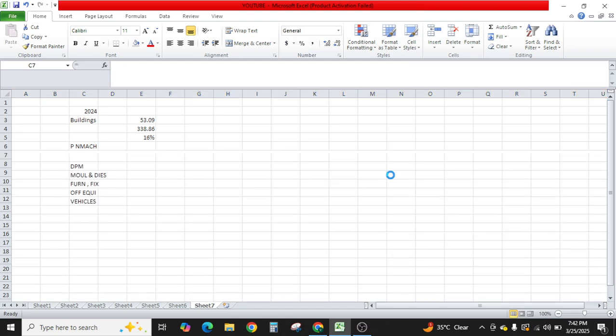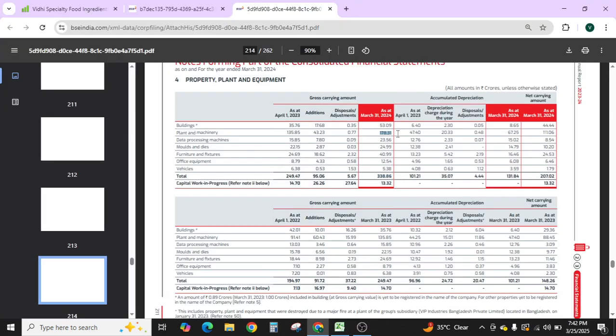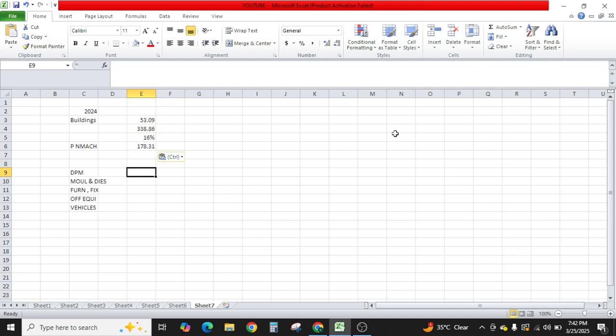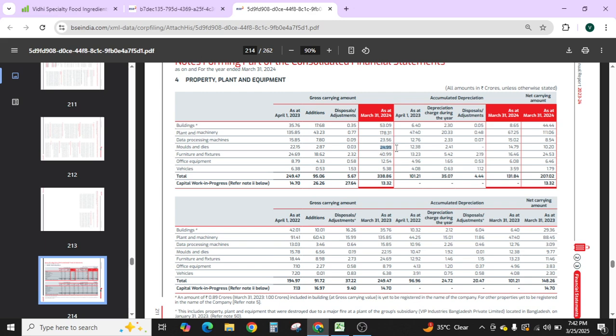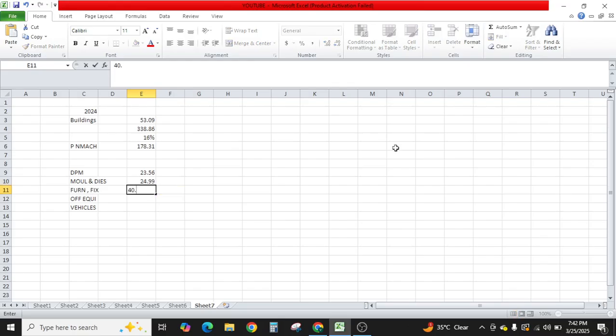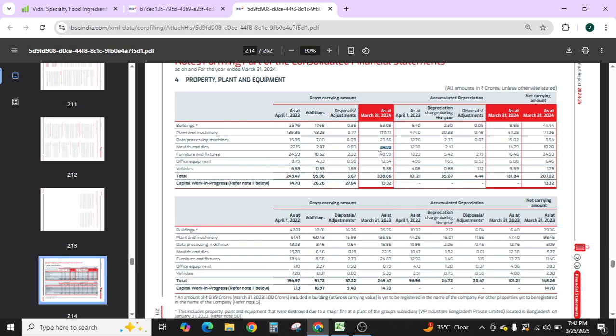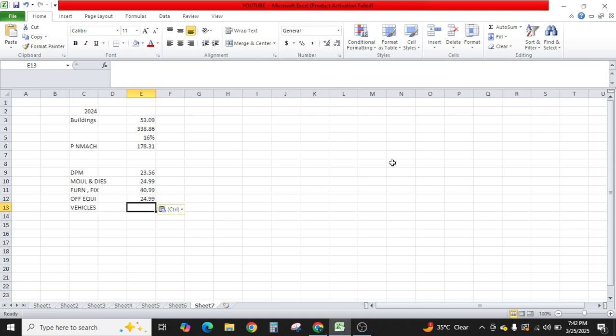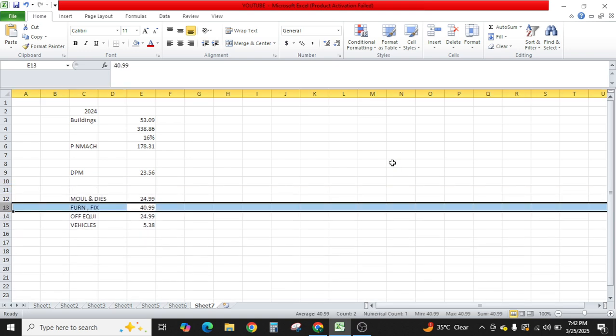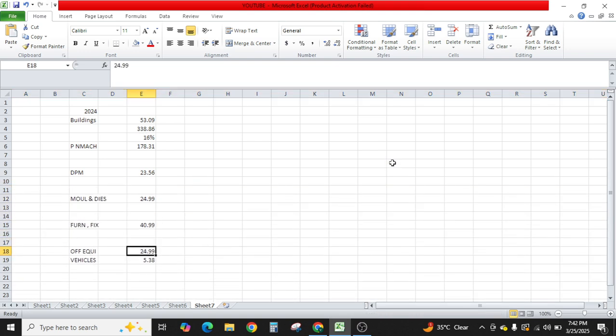Same way we will do for plant and machinery, which is 178.31. Same for data processing machine, same for mold 24.99, office equipment 12.24. Give me a minute. So this is building gross block for FY24 and this is total gross block.